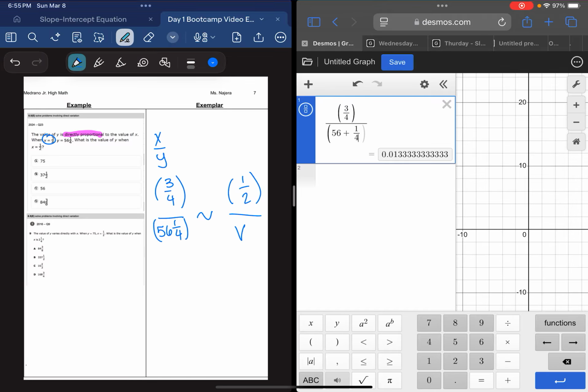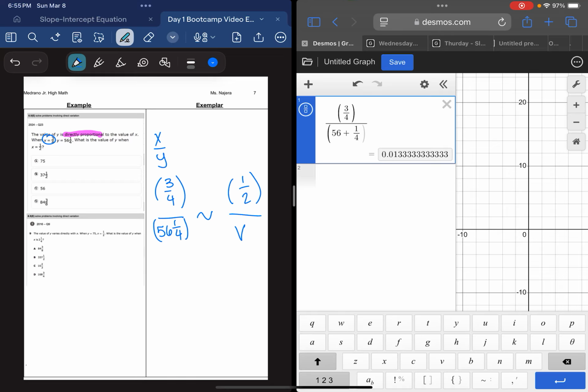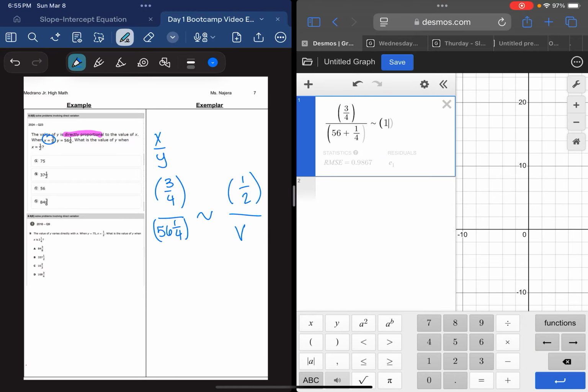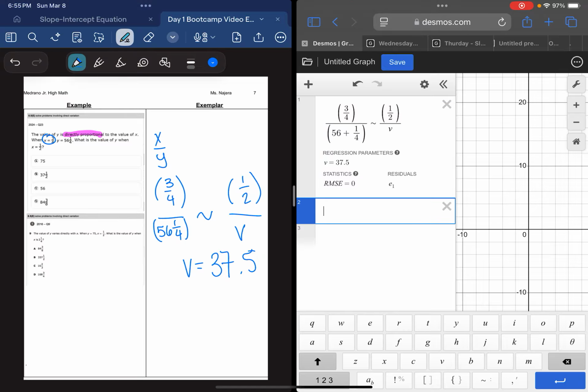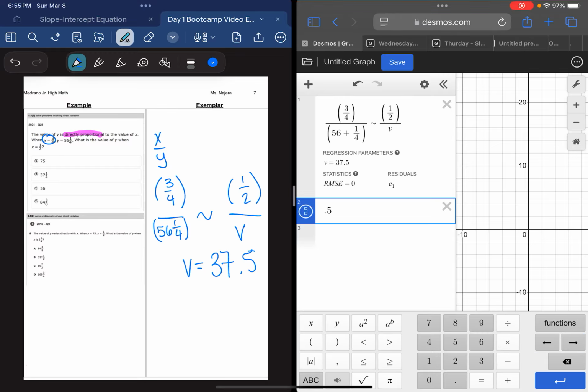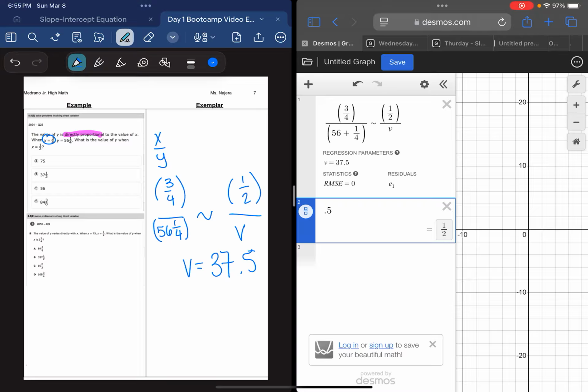For some reason, it's not letting me. That's fine. Tilde 1/2 divided by v. And so now we can see that our v is equal to 37.5. And we should know that 0.5 as a fraction is 1/2. So 37 1/2 is our answer here.